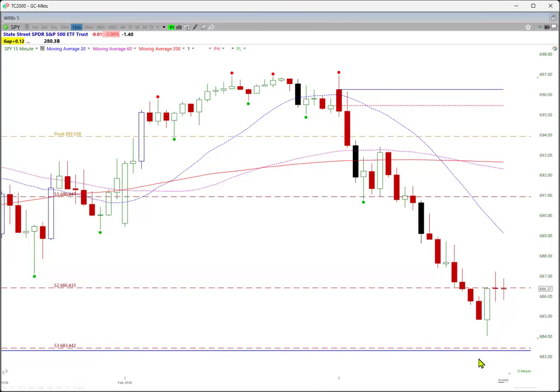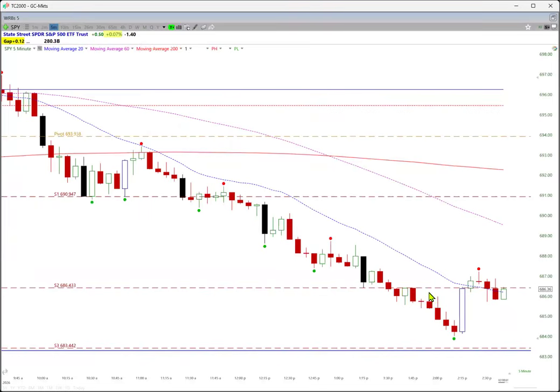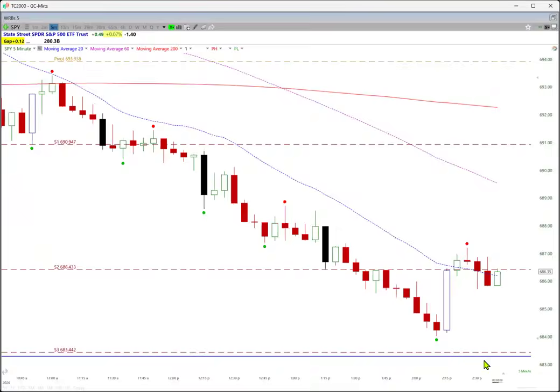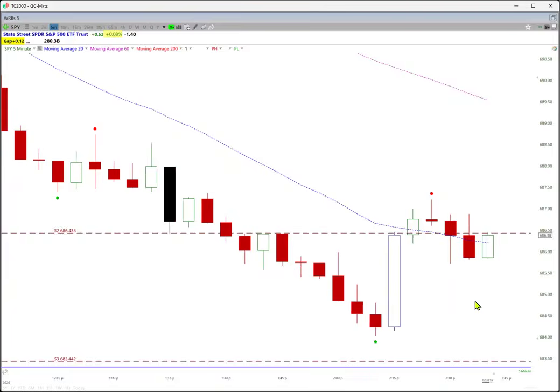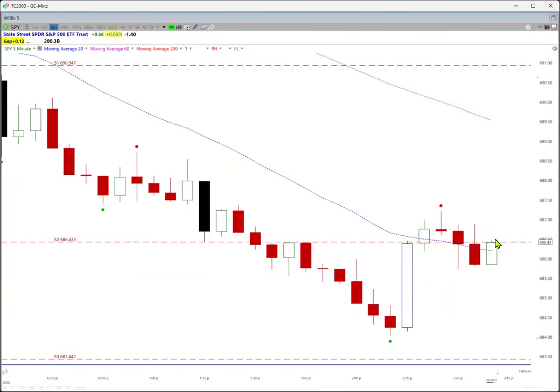So we're waiting. 5-minute bar. Some time to go. All right. Back above pivot line. There's still time to go.